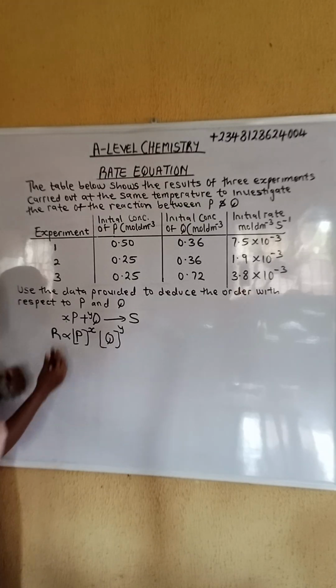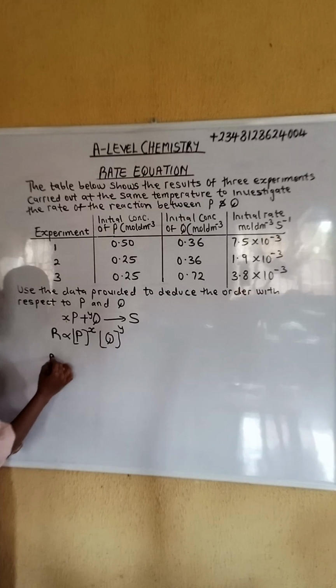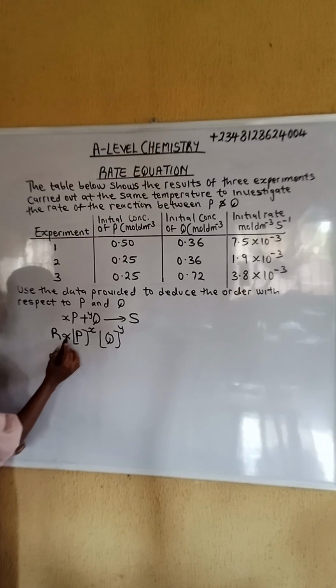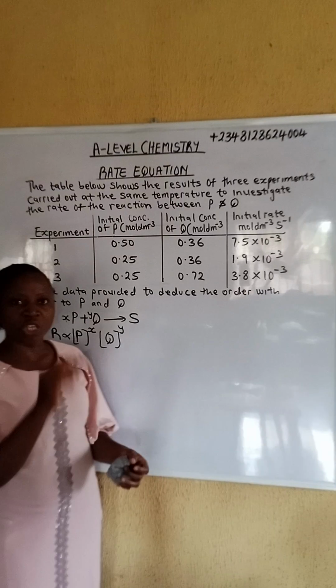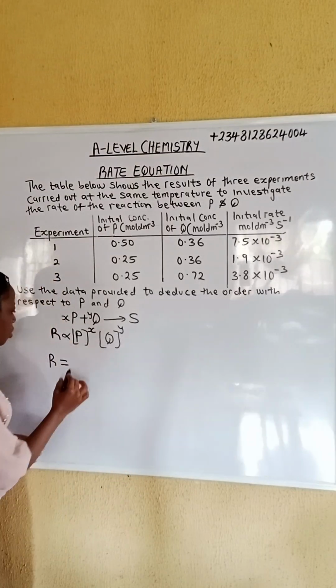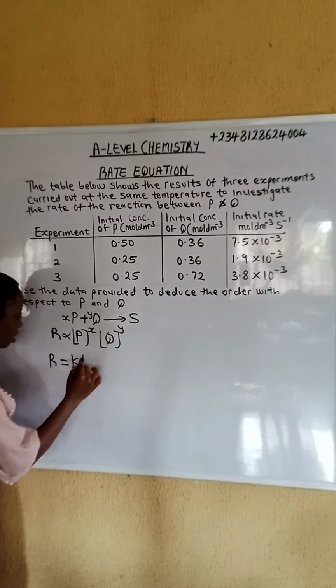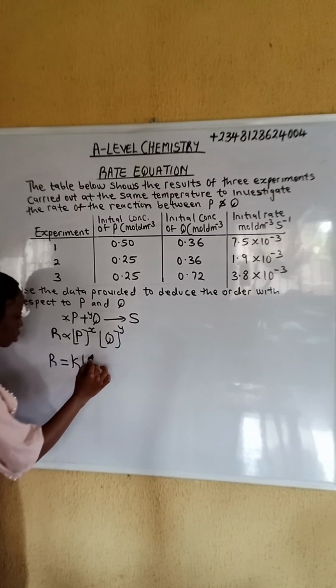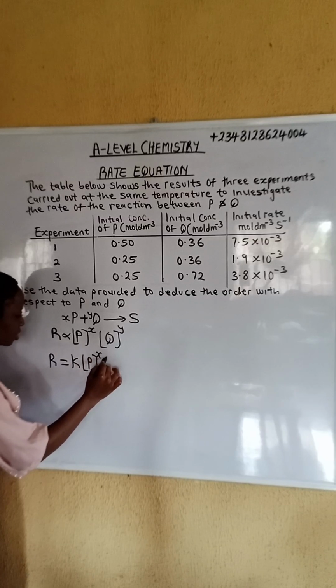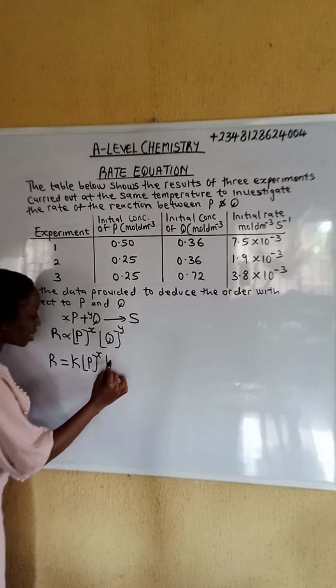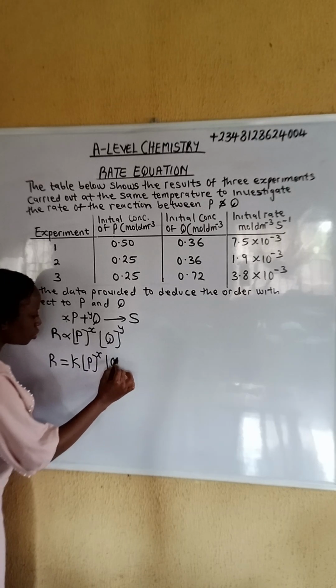Now we can transform this rate equation: the sign of proportionality will change to a constant K. So R equals K times P raised to power X, then the other reactant Q raised to power Y.